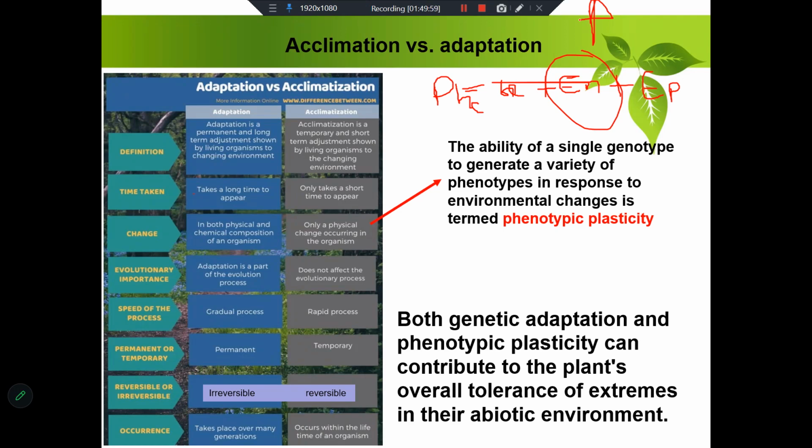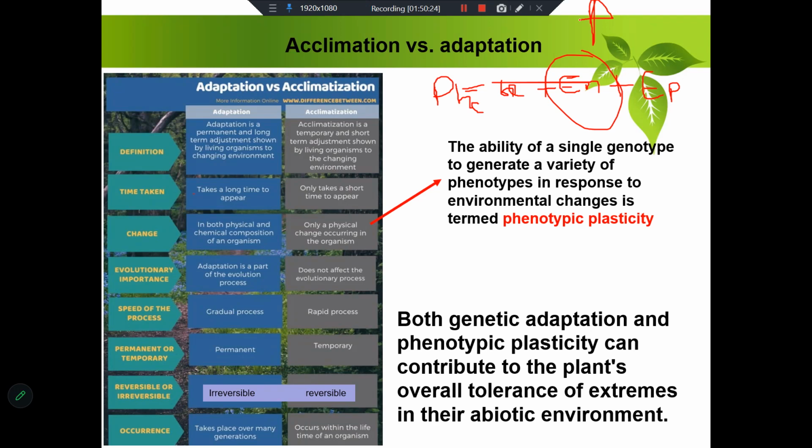Permanent or temporal: adaptation is permanent, it cannot go back, but acclimation is temporal. Once the conditions become normal again, they will come back to normal. Reversible or irreversible: adaptation is irreversible, and acclimation is reversible. That's why it will drop back to the normal condition once the stress is removed.